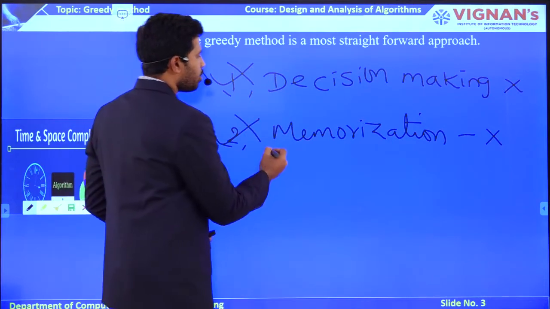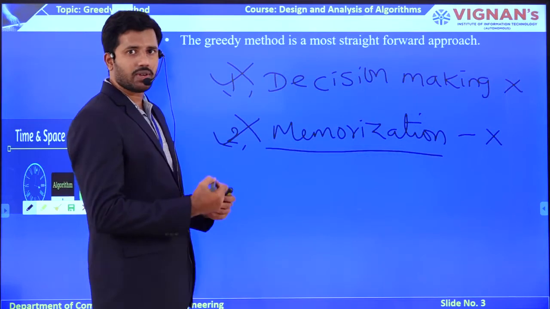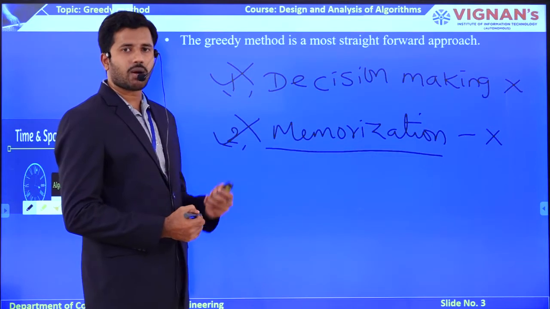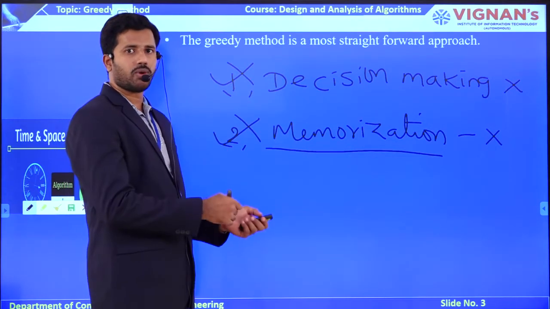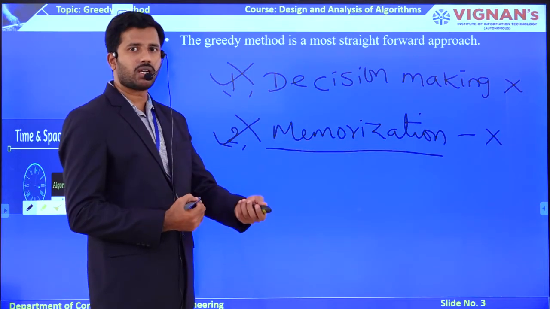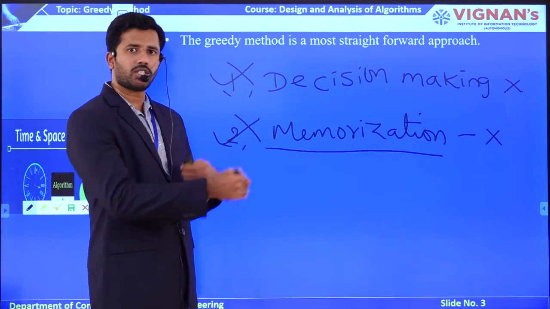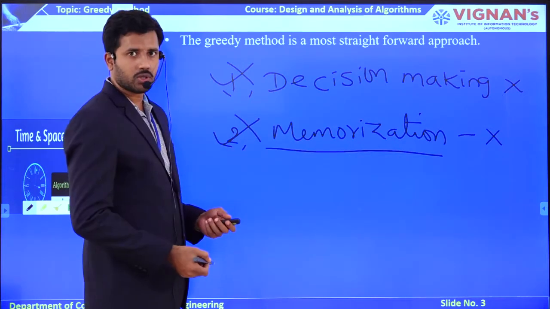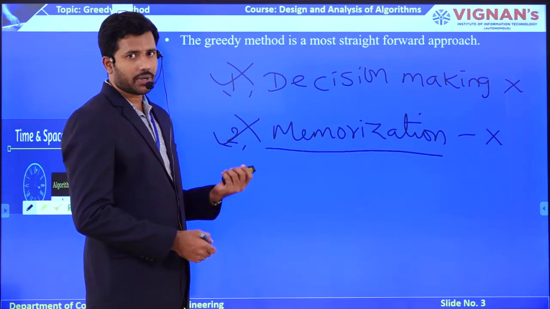If your algorithm has memorization, ultimately you have the capability to revise the previous results, so that before solving every problem, you can verify whether the current problem is already solved or a new one. If it is a new one, you apply your technique. If it is an old one, you simply refer to the previous results with the help of memorization. So these two things are not possible in divide and conquer technique.